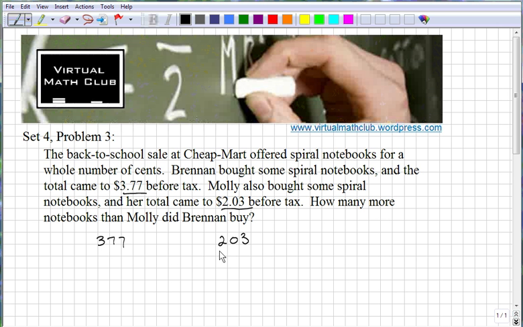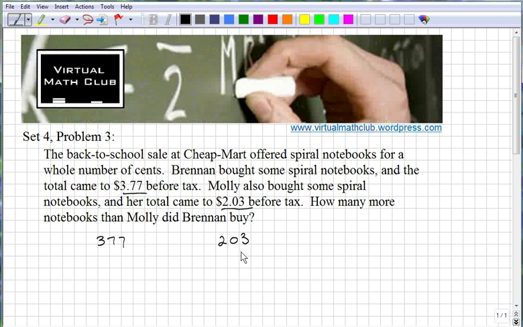And the same holds true for 203 cents. We got that by taking the number of notebooks Molly bought times the cents per notebook, and that gave us 203. But both of those numbers, the number of notebooks and the number of cents per notebook, are whole numbers. So 203 has to also be a product of whole numbers.